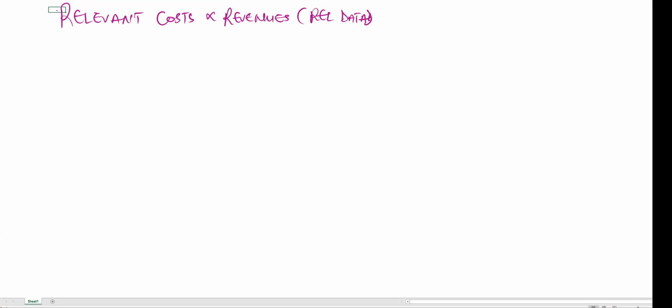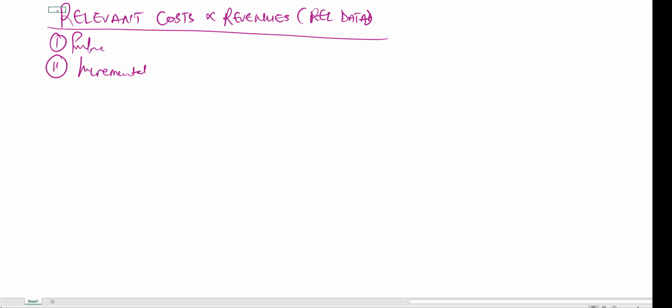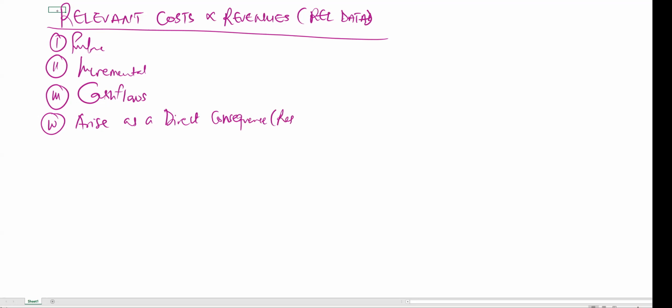Now, relevant cost refers to future incremental cash flows that arise as a direct consequence or a direct result of a decision.